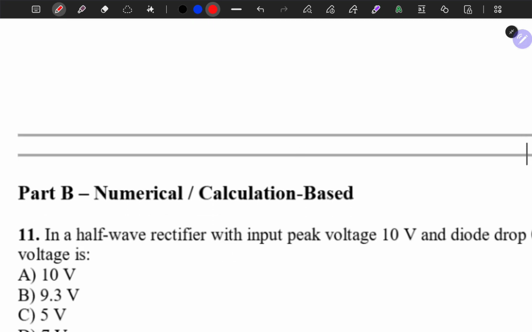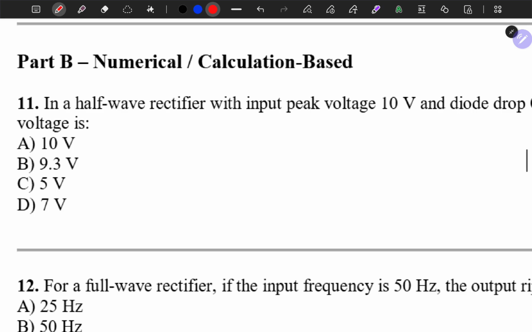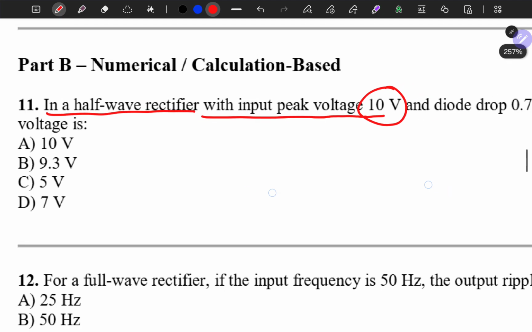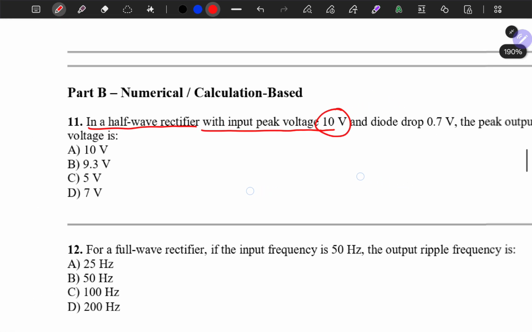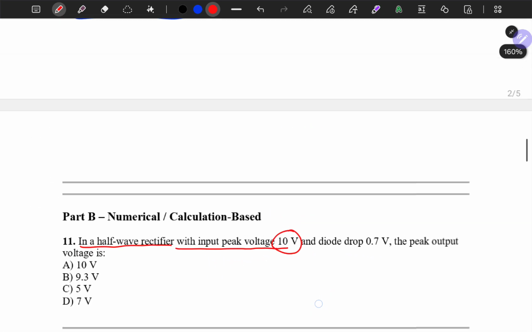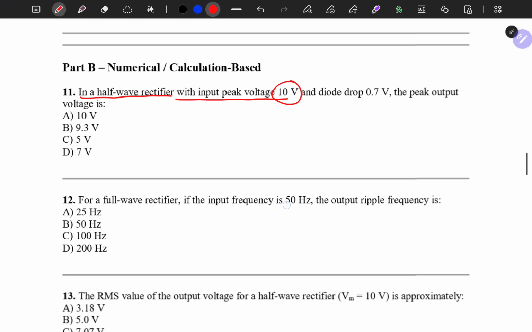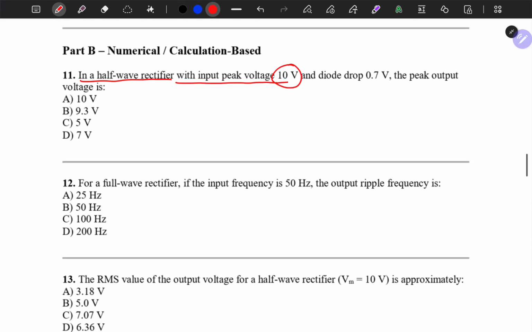Then we come towards some numerical approach. This may also be part of your MDCAT or entry tests. In a half wave rectifier with input peak voltage 10 volts and diode drop 0.7 volt, the peak output voltage is 10 volt minus 0.7 volt.